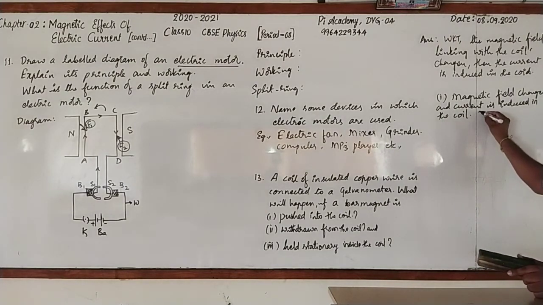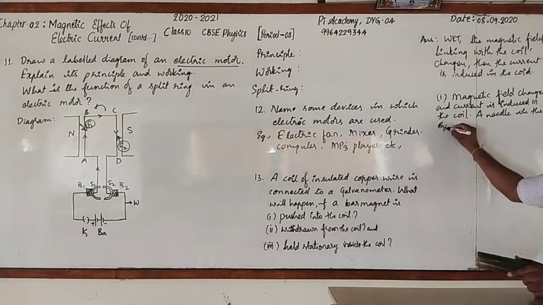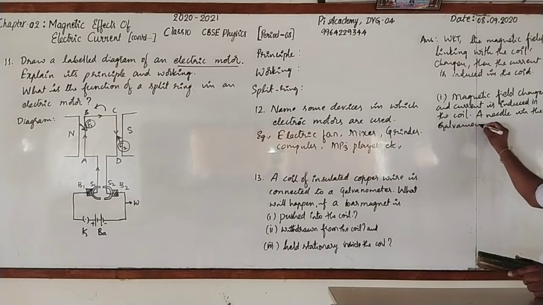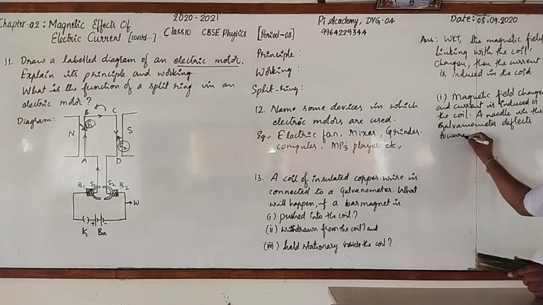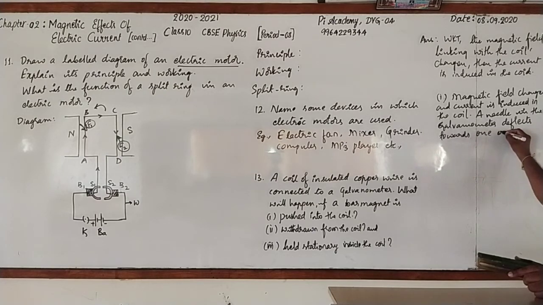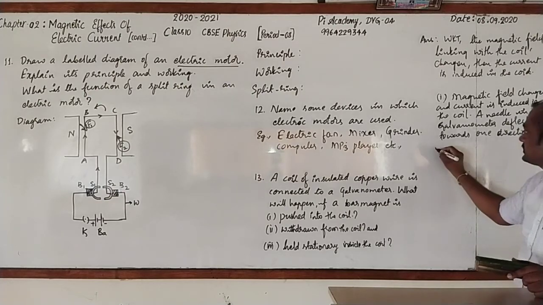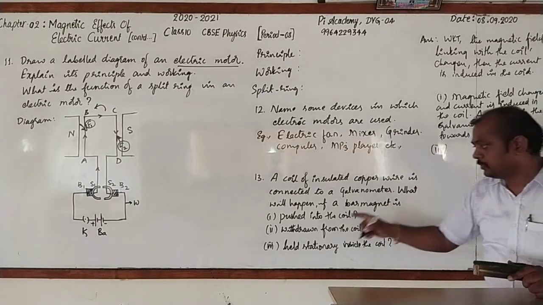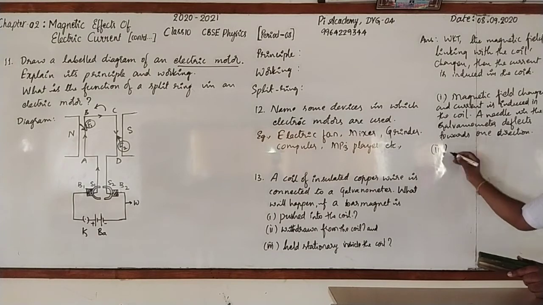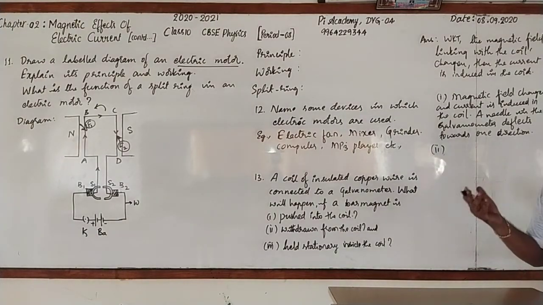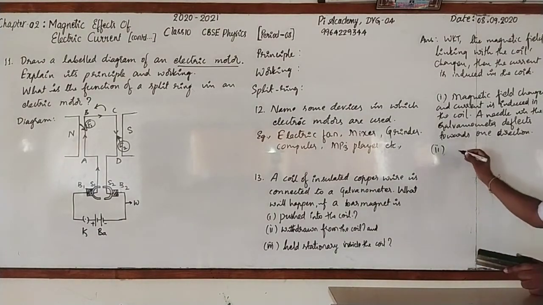So, the needle in the galvanometer deflects towards one direction. Next, second, when it is withdrawn from the coil, then again there is change in the magnetic field.